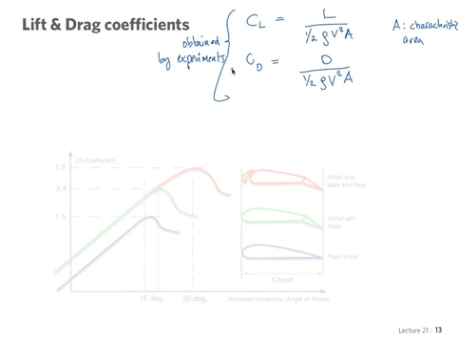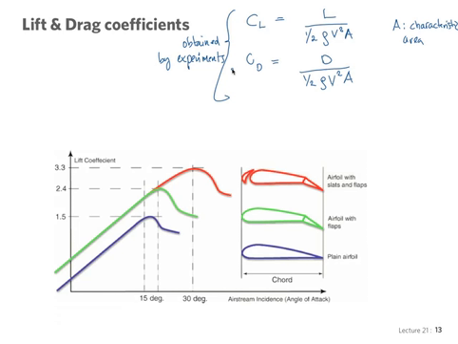So, for example, you could have, for a particular wing, a plot that shows, in this case, the coefficient of lift. In this example that I've collected here, the coefficient of lift for a particular airfoil. Here in the blue, you might have a lift that increases with the angle.